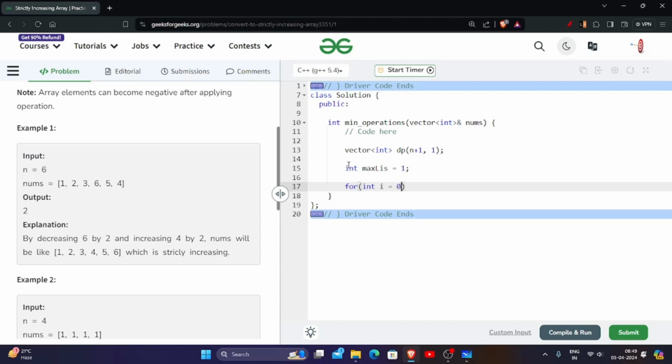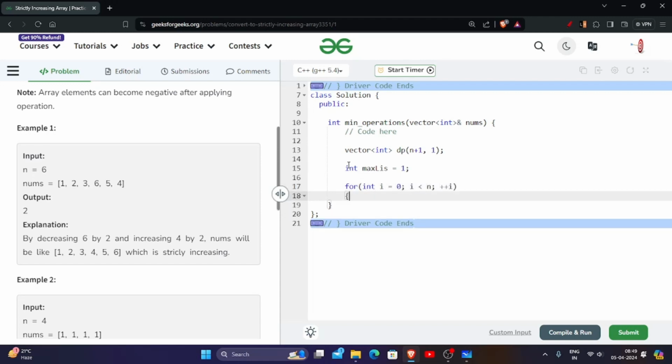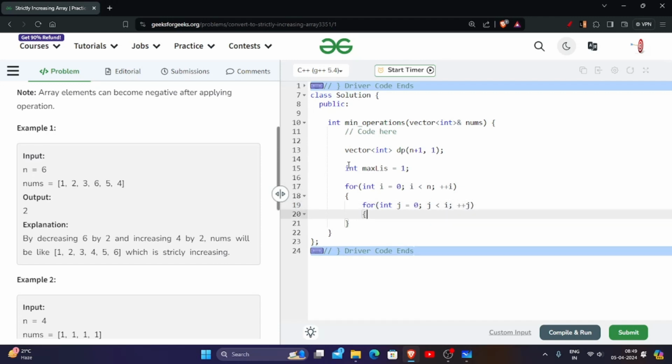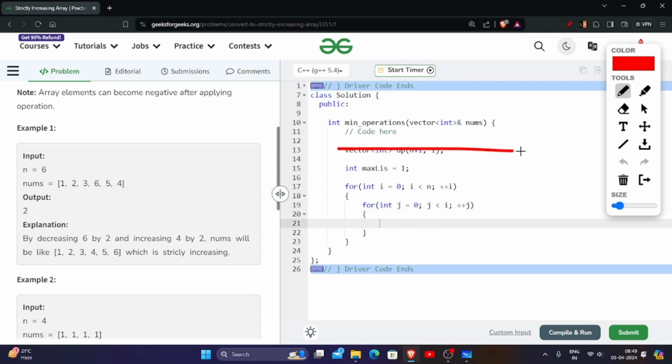Now let's say I go till n, and j goes from 0 till less than i. I is iterating here, and j is behind i, till less than i. I am checking whether I can take j: if nums of i is greater than nums of j.